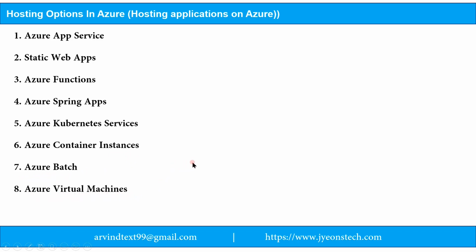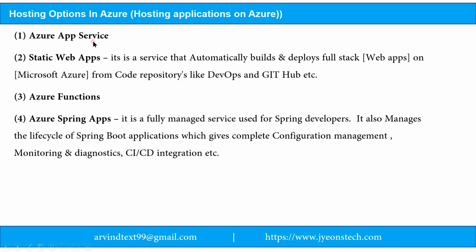Let's discuss these one by one. Azure App Services we have just discussed. Coming to the second point, Static Web Apps is a service that automatically builds and deploys full stack web apps on Microsoft Azure from a code repository like DevOps and GitHub, etc.